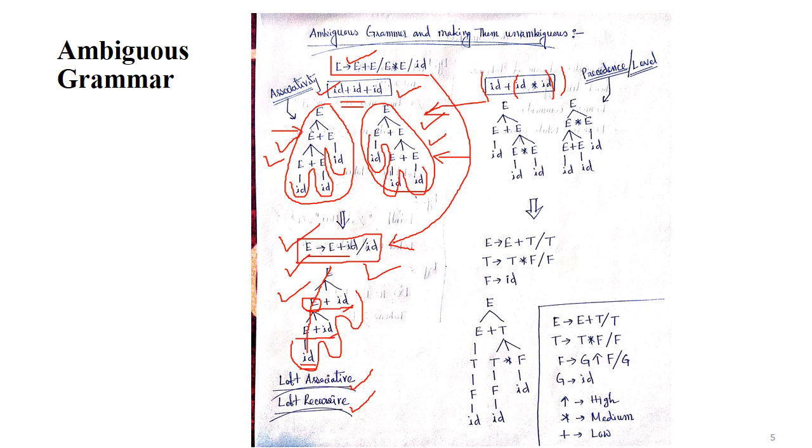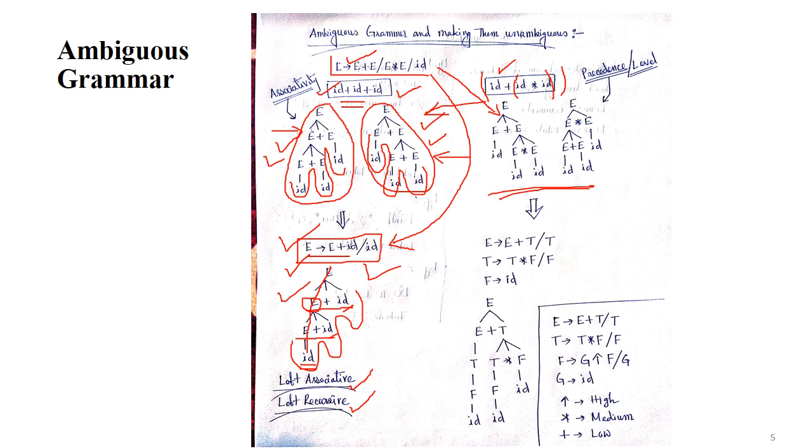So in this case, if I take this input and we have applied the same grammar, then I can generate two more parse trees. That is why again we can say that the given grammar is ambiguous.